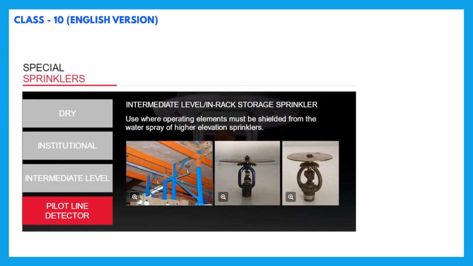Have a look at intermediate level sprinklers. These are also called rack storage sprinklers, basically installed in between the racks and used where operating elements must be shielded from the water spray of higher elevation sprinklers.